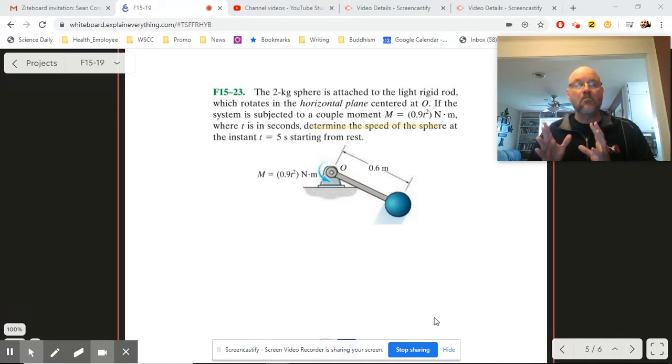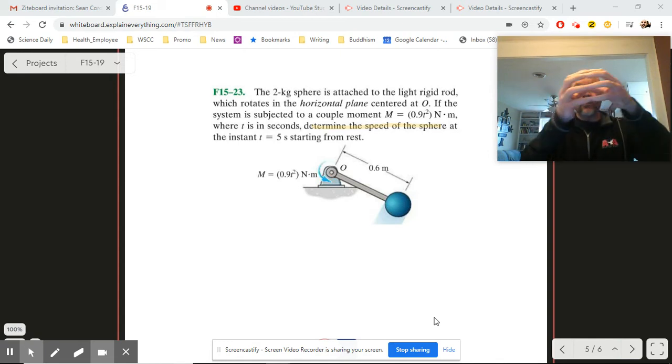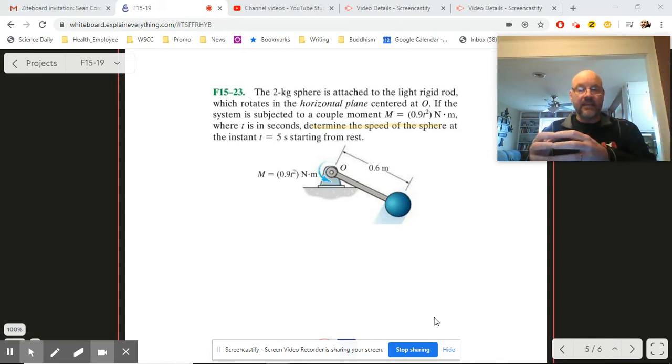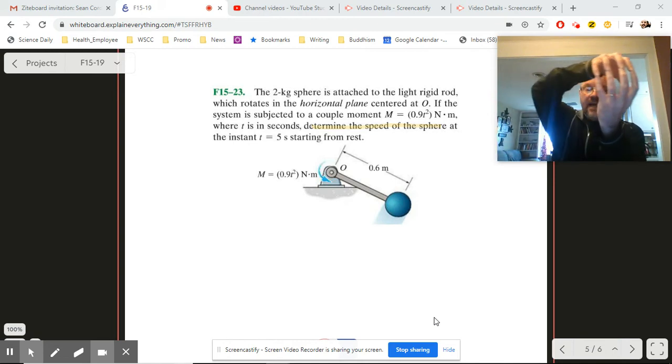Now, if we were building a better model, we would not assume it's a point mass. We would assume it has a certain shape. And as that sphere goes around, it is also turning as it goes.